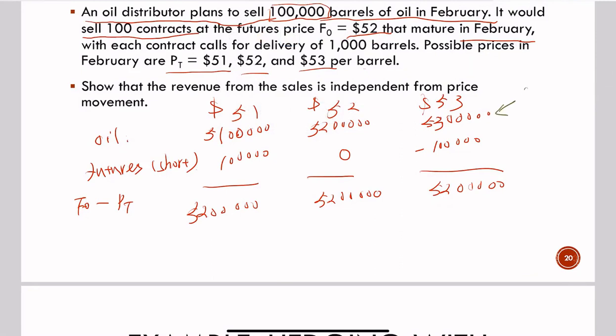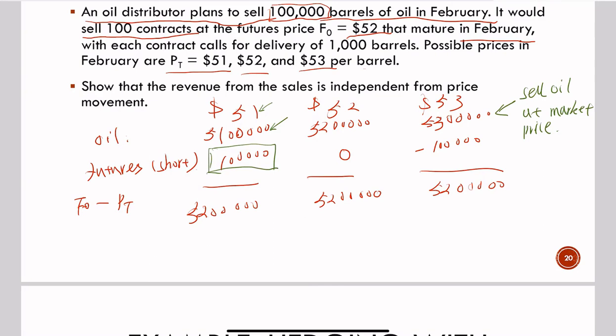Here you're selling your oil at spot price. That is, if the market price is 51, when you deliver your oil, you will sell at the market price. However, because you have the short position in a futures contract, your futures contract will generate these payoffs from this marking to market, right?